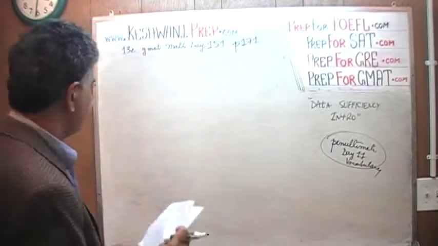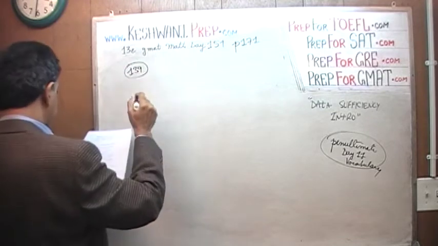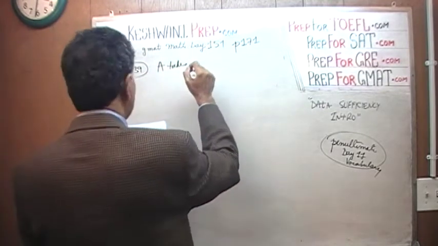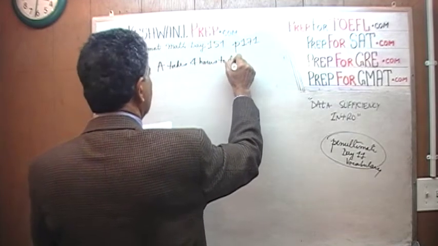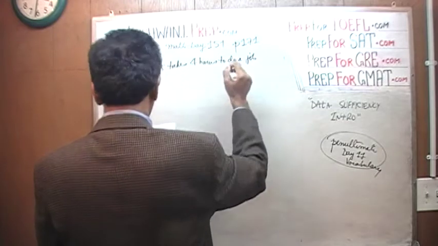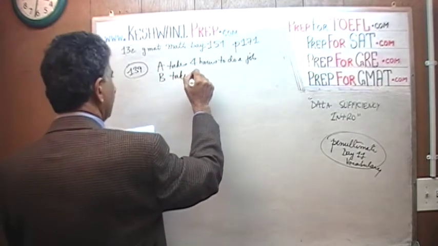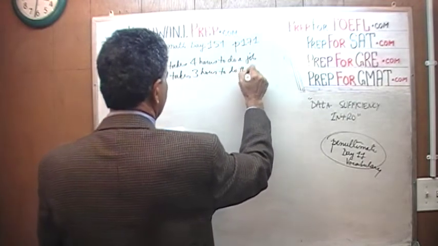Problem 139. Here we are told that A takes 4 hours to do a job. We are told that B takes 3 hours to do the same job.